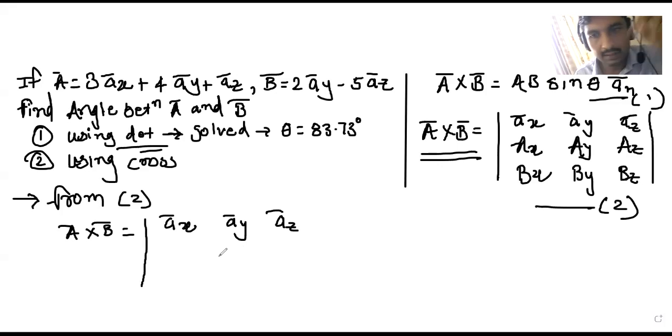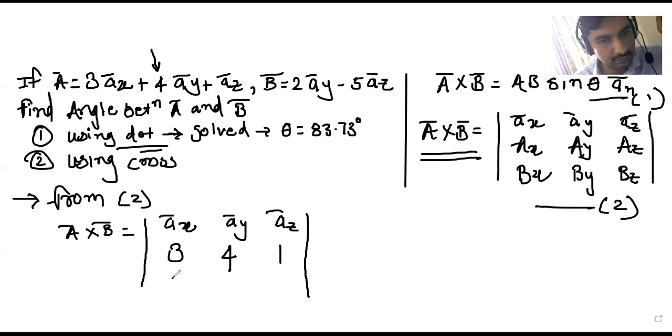Second row, ax, what is the value? Just observe the vector a bar mentioned there, and from that tell me the coefficient ax. Ax is nothing but 3, right? Then ay is 4. Then az is 1. Similarly, for vector b bar, identify all the coefficients.